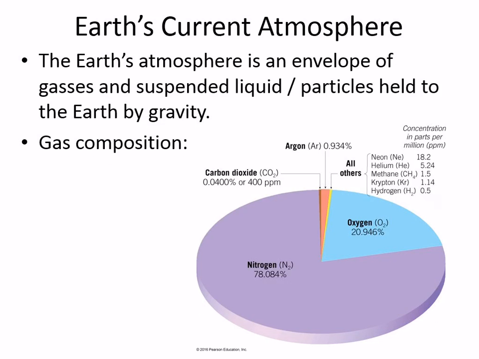So the reason I titled this the Earth's current atmosphere, the gases in the Earth's atmosphere currently, is because I have a slide to show you that when the Earth first formed about 4.6 billion years ago, the atmosphere was not mostly nitrogen.